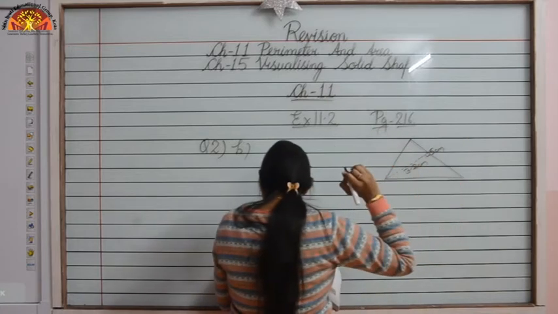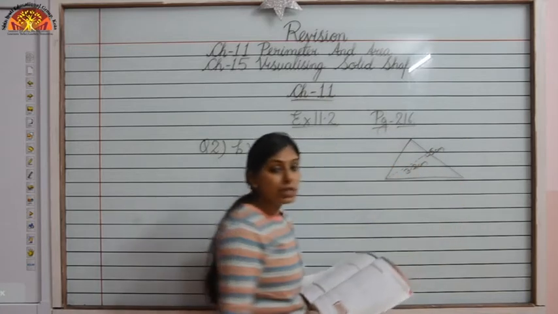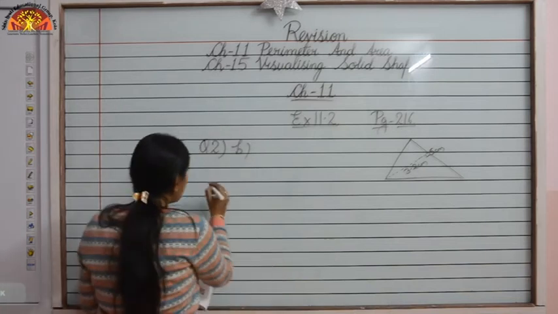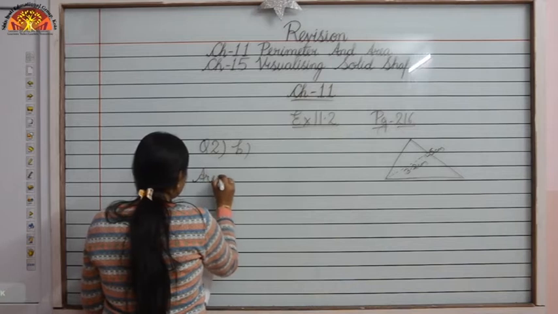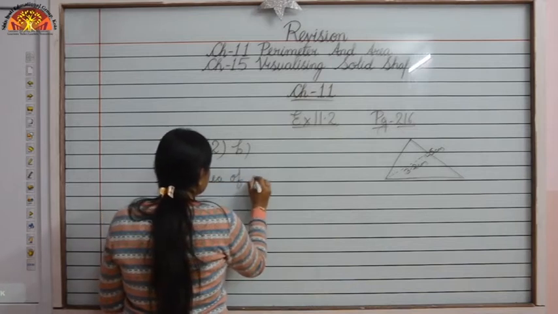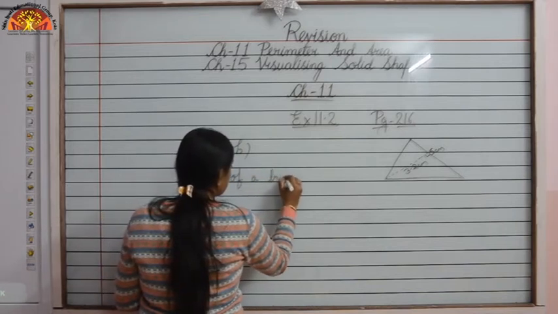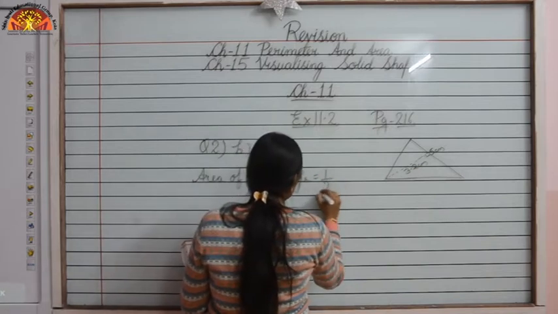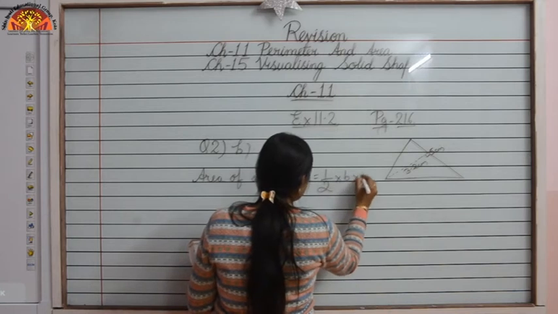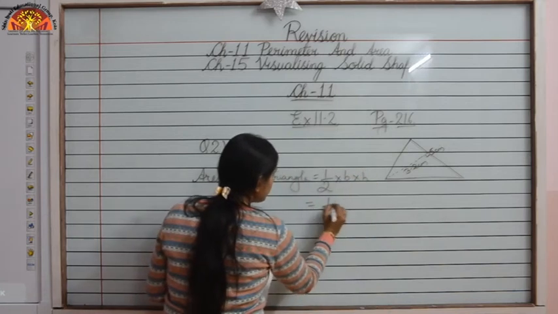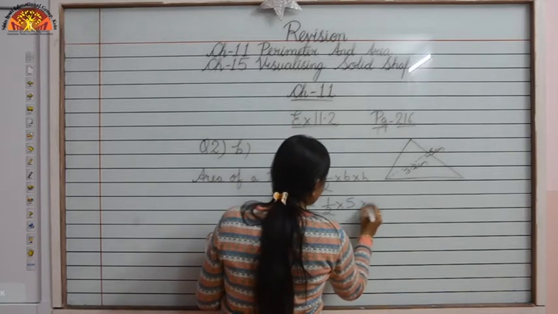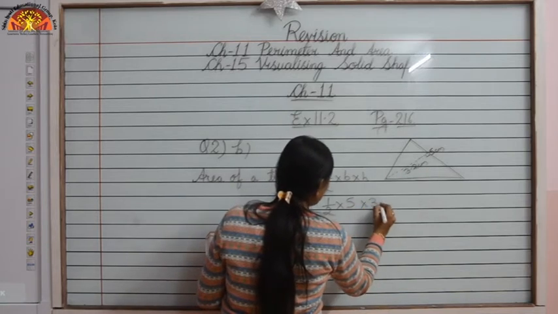So base is 5 centimeter and the height is 3.2 centimeter. So again children, it's very much easy. You can just apply the formula, that is area of a triangle is equal to half into base into height. So we can just substitute the values. Half, what is the base? It is 5 and the height is 3.2.